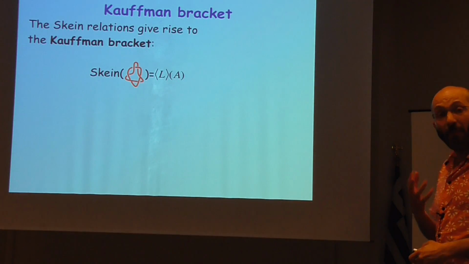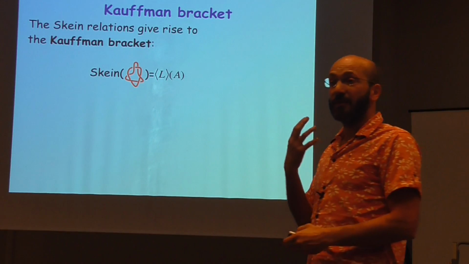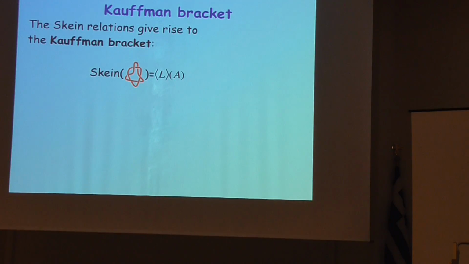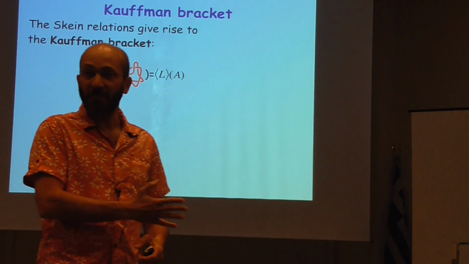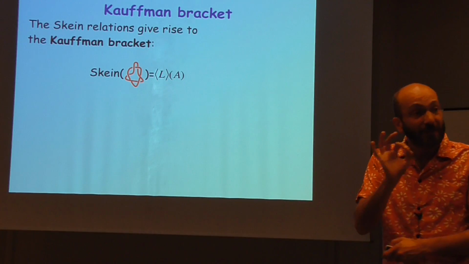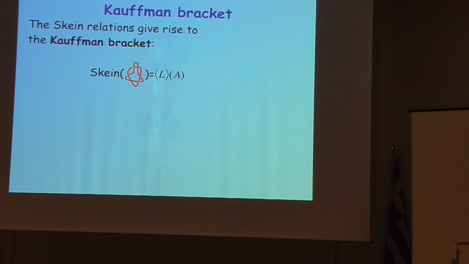This polynomial is called the Kauffman bracket. Okay? Kauffman himself calls it the state sum, but everybody calls it the Kauffman bracket. And it's a polynomial as a function of A. Okay? A is a parameter, a complex number in general, that we insert. If you give it a value, the polynomial becomes a number.